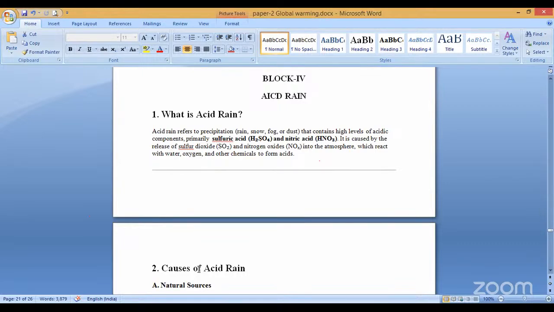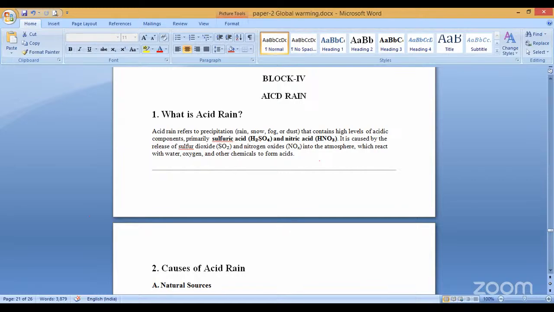Acid rain refers to the precipitation, rain, snow, fog, dust, that contains a high level of acidic components, primarily sulfuric acid, H2SO4, and nitric acid, HNO3. It is caused by the release of sulfur dioxide and nitrogen oxide into the atmosphere, which react with water, oxygen, and other chemicals to form the acids.